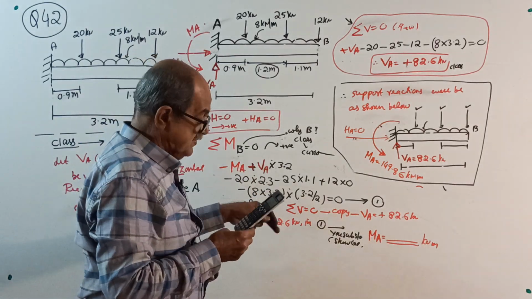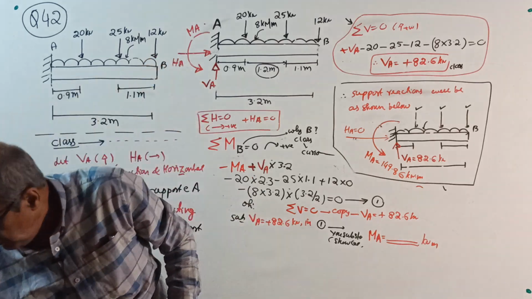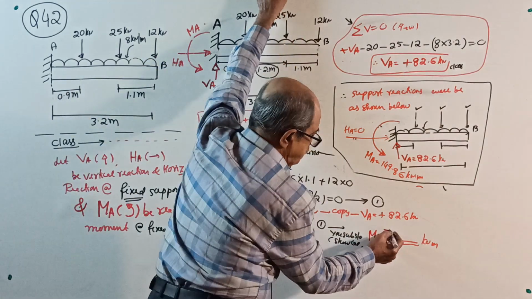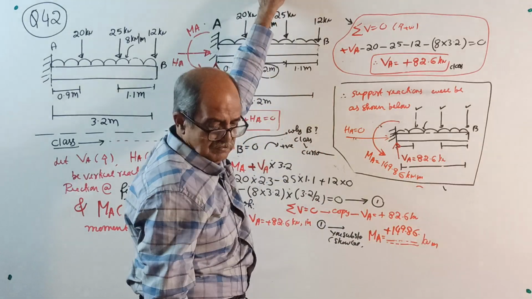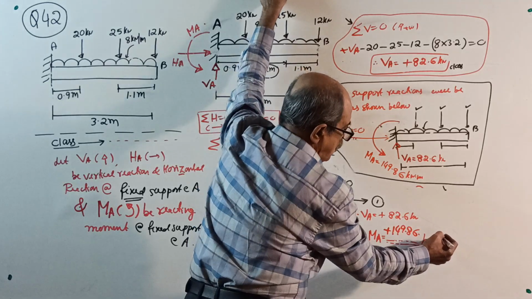Therefore, MA equal to plus 149.86 kilonewton meter.